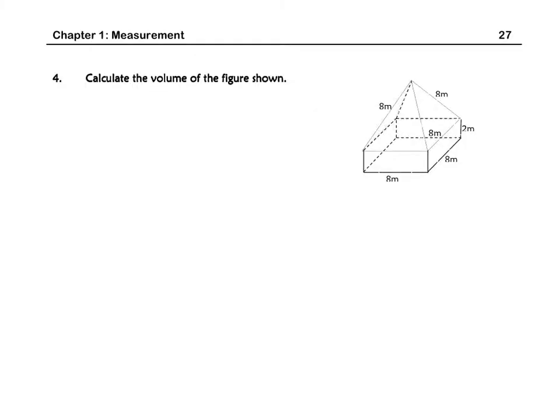Okay, and question number 4, you have to calculate the volume of the figure shown. So we have a pyramid on the top, and we have a rectangular prism on the bottom. So volume would be the volume of the pyramid plus the rectangular prism.